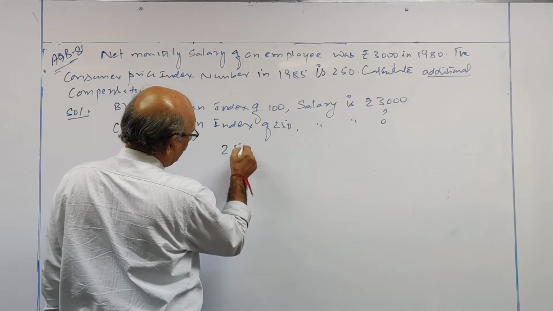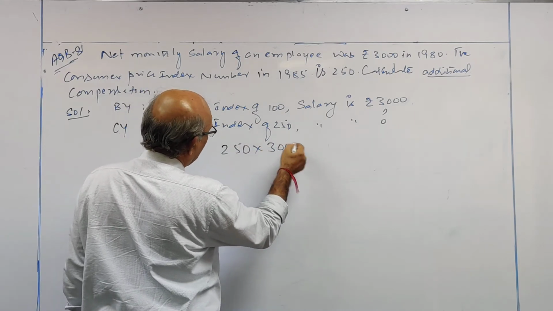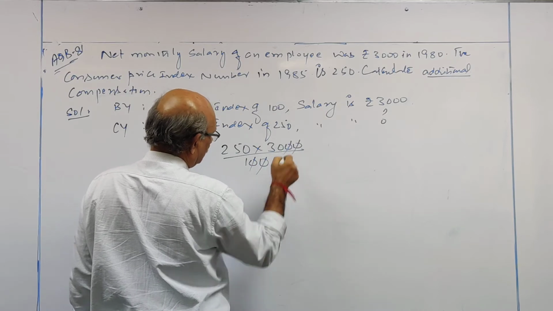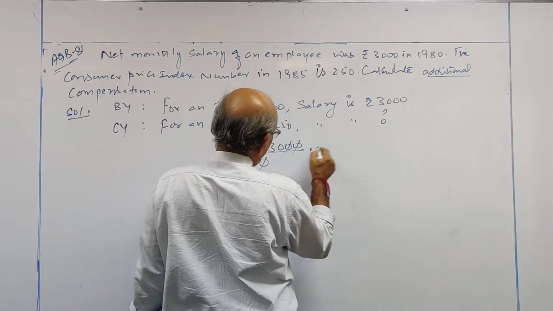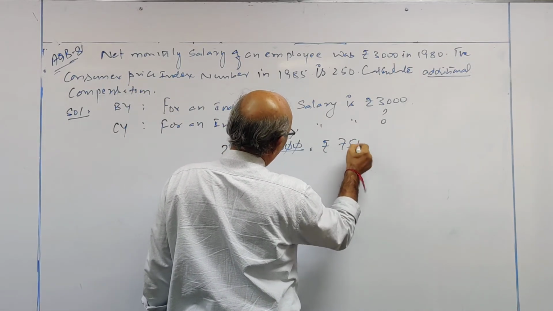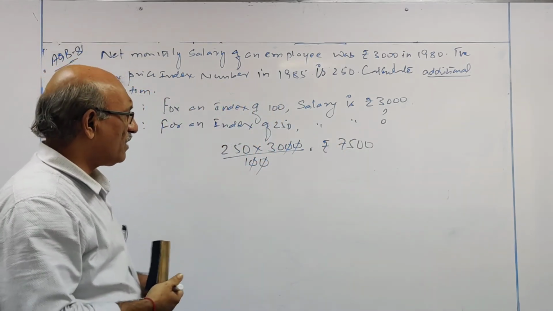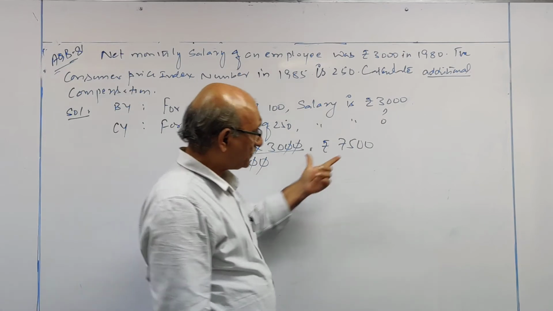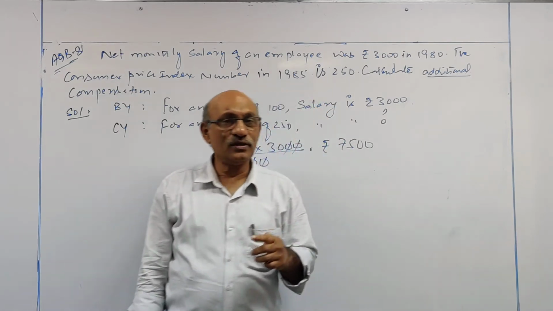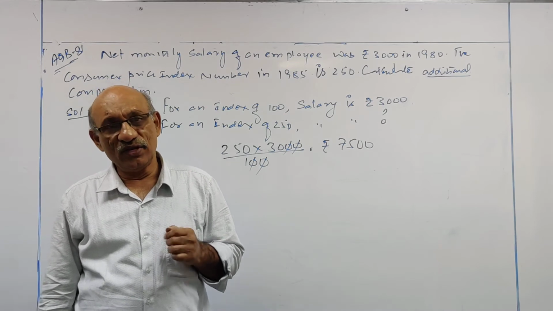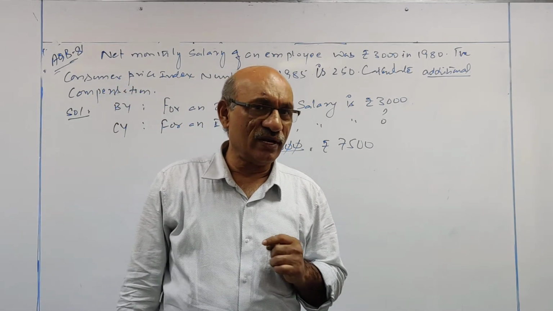So you can take it as 250 into 3000 divided by 100. Rupees 7500. Okay. Now this is the salary according to index number.